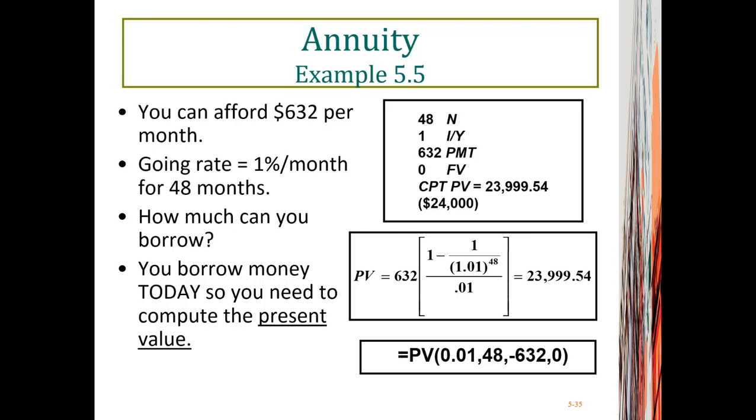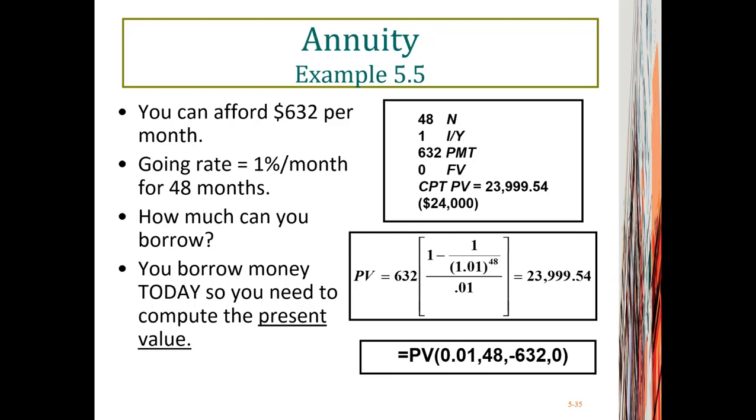And here we can use Five Guys, and Five Guys can help you get the right answer in less than 30 seconds. Here you need to find four guys. First one is N, number of time periods, in this case 48 months, or 48. IY is the interest rate, which is the monthly rate, that is 1.